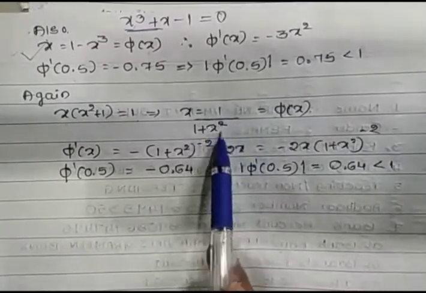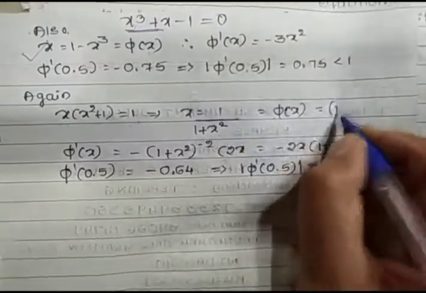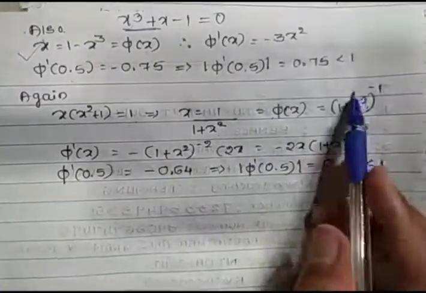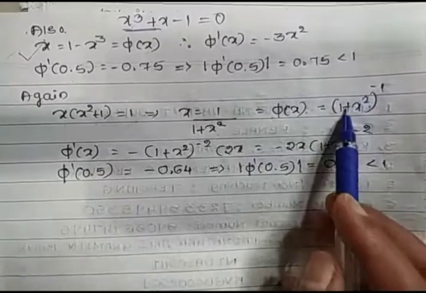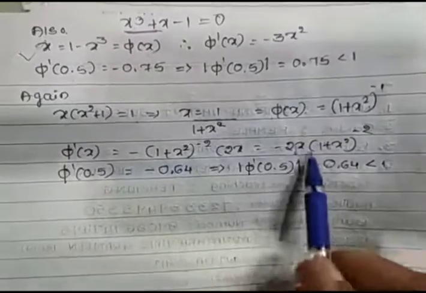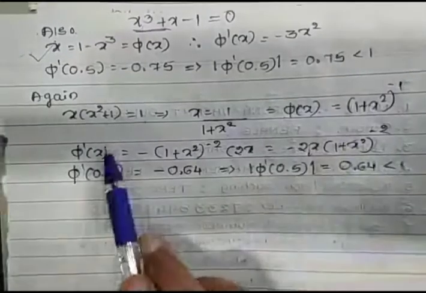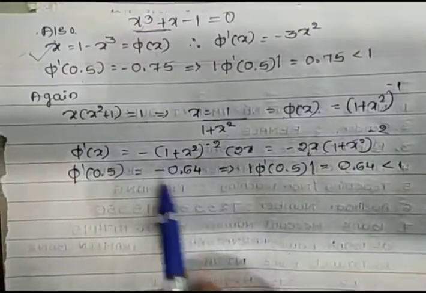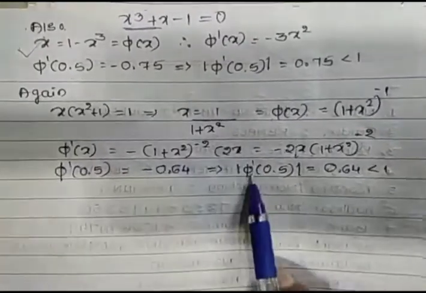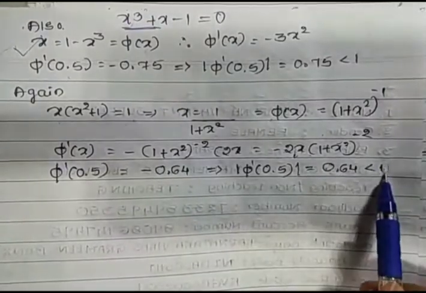If we write 1 plus x square in the numerator, then this will be 1 plus x square raised to minus 1. For this, if you find its derivative, then the derivative is minus 2x in bracket 1 plus x square raised to minus 2. In this derivative, if you replace x value as 0.5, after simplification you will get minus 0.64. Take its modulus, then this is 0.64. This is also less than 1 only.